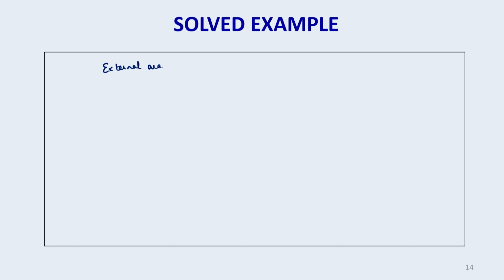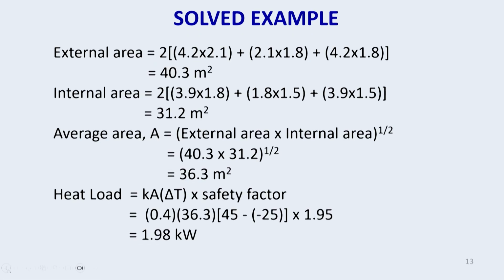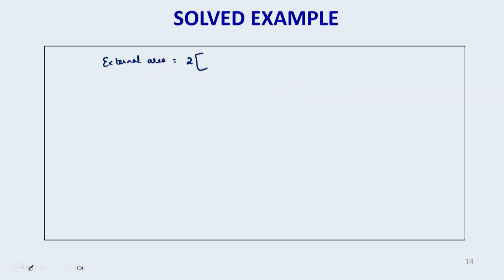External area is equal to 2 into (L into W plus W into H plus L into H), since the dimensions are given.